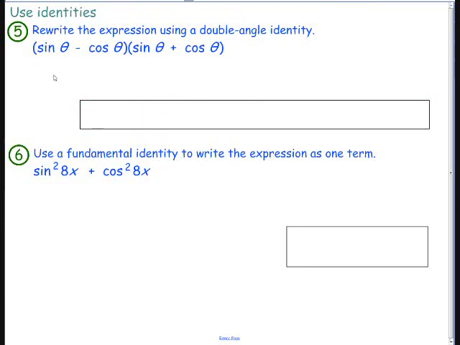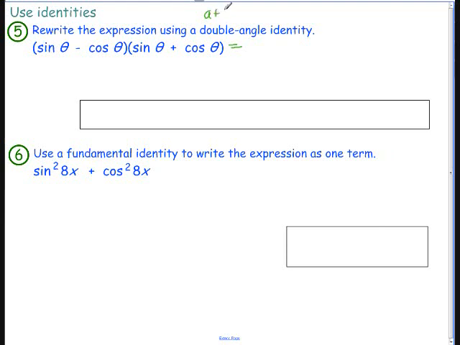Rewrite the expression using a double angle identity. Well, first of all, I'm going to do some algebra. I recognize here, and I hope you do too, that we've got conjugates. When you multiply conjugates together, what do you get? Remember this?